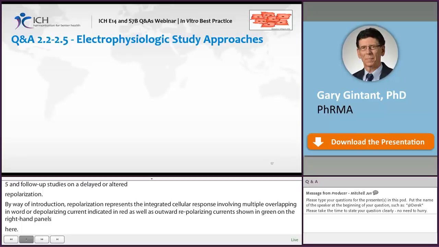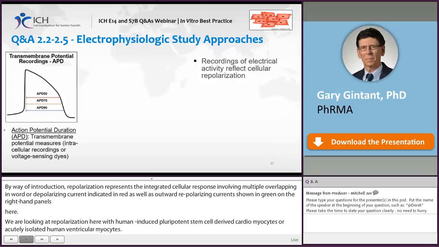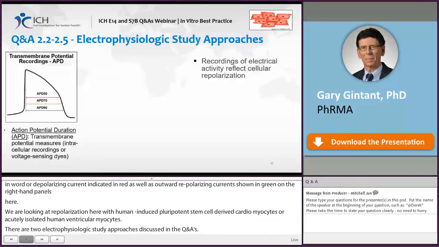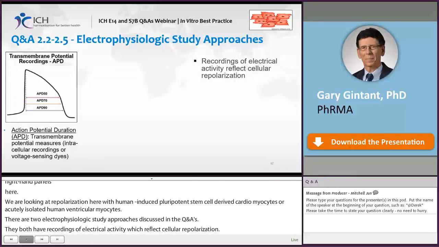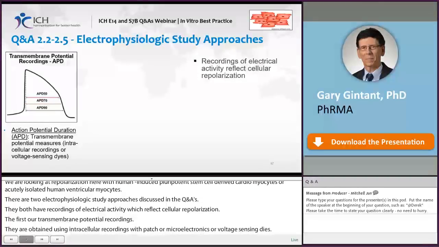There are two electrophysiologic study approaches that are discussed in the Q&As. Both provide recordings of electrical activity which reflect cellular repolarization. The first are transmembrane potential recordings that are obtained using either intracellular recordings with patch or microelectrodes or voltage sensing dyes. The measurement derived from these is the action potential duration, or APD.